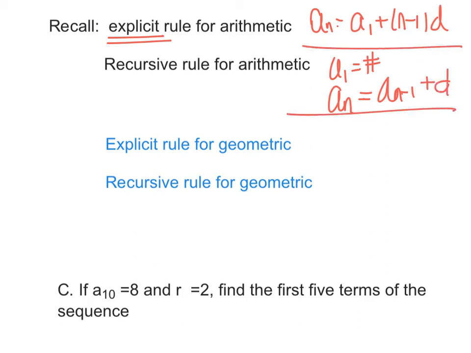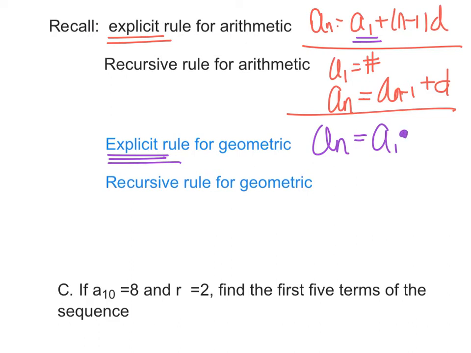Now, just like we had rules for arithmetic, there's rules for geometric. So again, they're going to give you the explicit on the exam for geometric. So we're going to write it down. A sub n equals. Now it's going to start very similar. It's going to start with a sub 1 just like the other one did. But now I think it's just common sense. If arithmetic meant to add and we used a plus sign, geometric means to multiply.